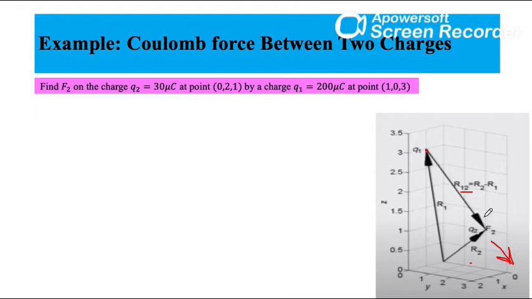I know clearly that r12 is given by r2 minus r1, where r1 is the position vector of q1 and r2 is the position vector of q2.